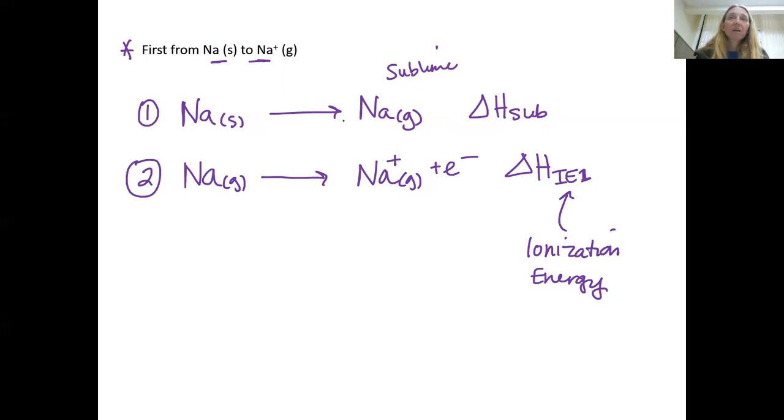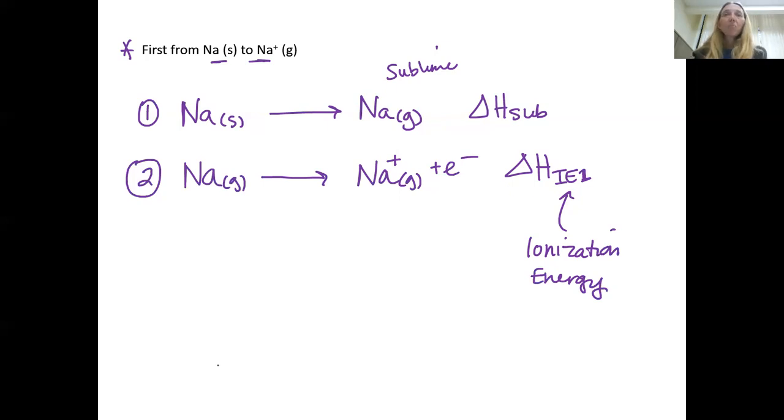The next step is where I take that gas and remove an electron from it. So sodium gas goes to sodium plus an electron. That I can find on an ionization energy table, the energy it takes to remove an electron. So I look for delta H ionization energy 1.